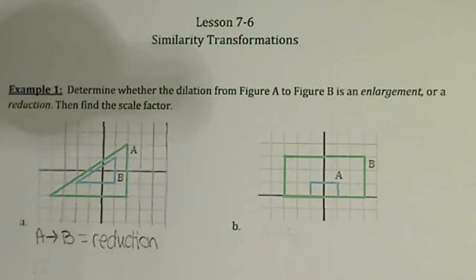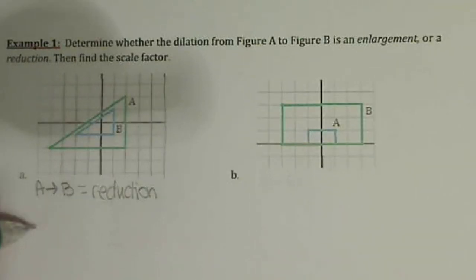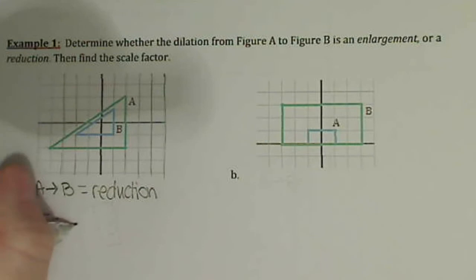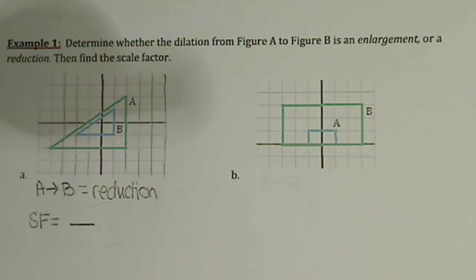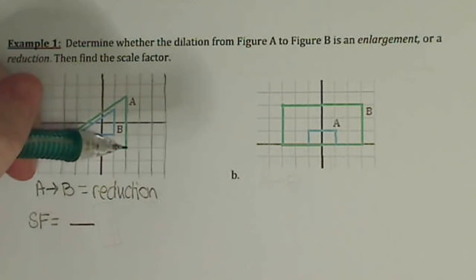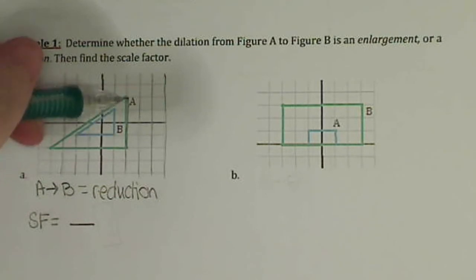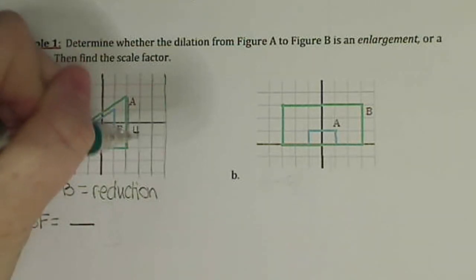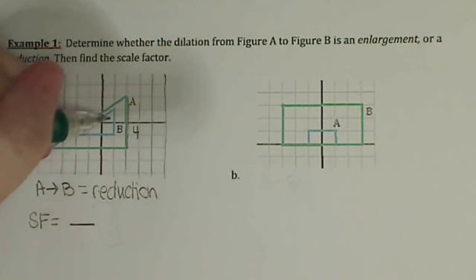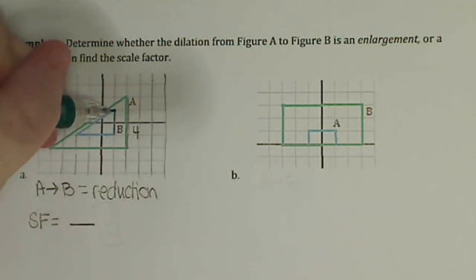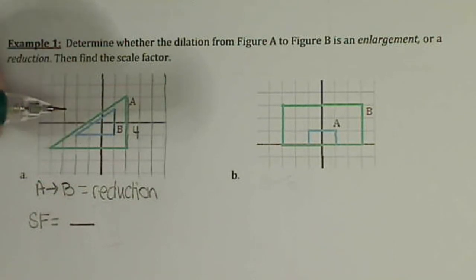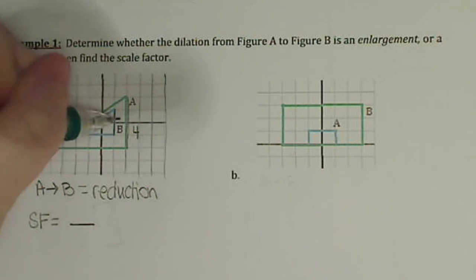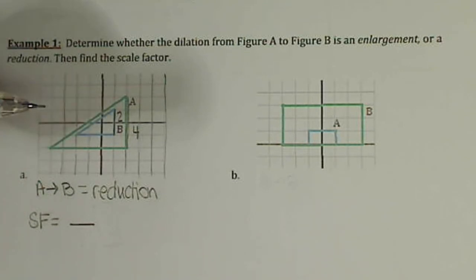Now it asks you to also find the scale factor. So remember, scale factor is a ratio of the side lengths. So if I look at this side on my original triangle A, I can count and it has a length of 4 units. If I look at the dilated image, the same corresponding side, it has a length of 2 units.